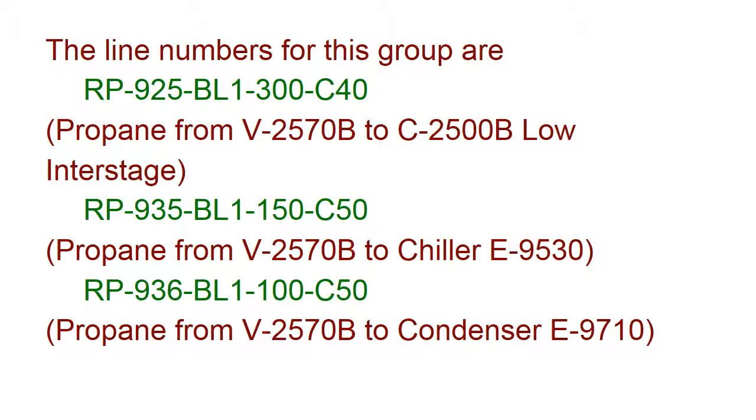RP925-BL1-300-C40, propane from V2570B to C2500B low interstage. RP935-BL1-150-C50, propane from V2570B to chiller 9530.